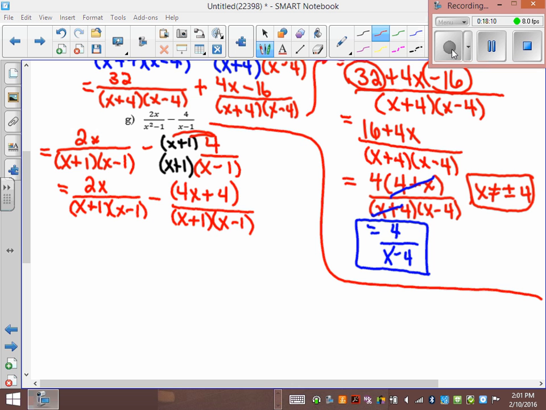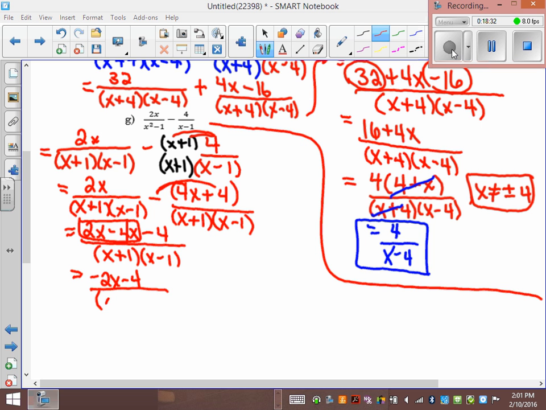So remember, you have to minus both of those, right? So you get x plus 1, x minus 1. And then 2x minus 4x minus 4. These two together, 2x minus 4x is negative 2x, minus 4 over x plus 1, x minus 1.